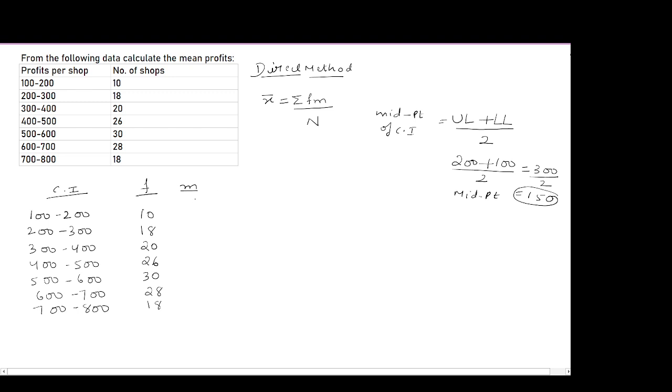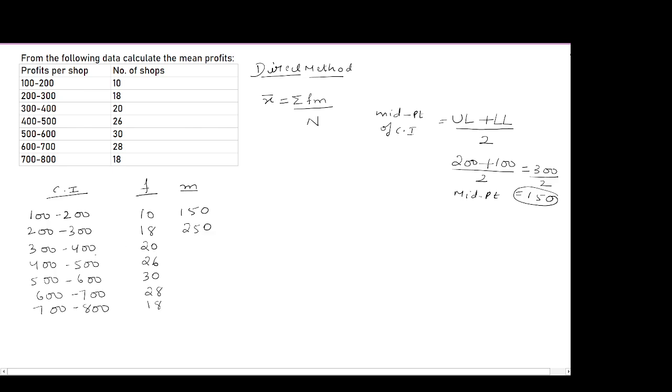Now we have to continue calculating for all the class intervals. So first class interval you have already got it, that is 150. Second midpoint of class interval 300 plus 200 divided by 2. 300 plus 200 is 500. 500 divided by 2 is 250.